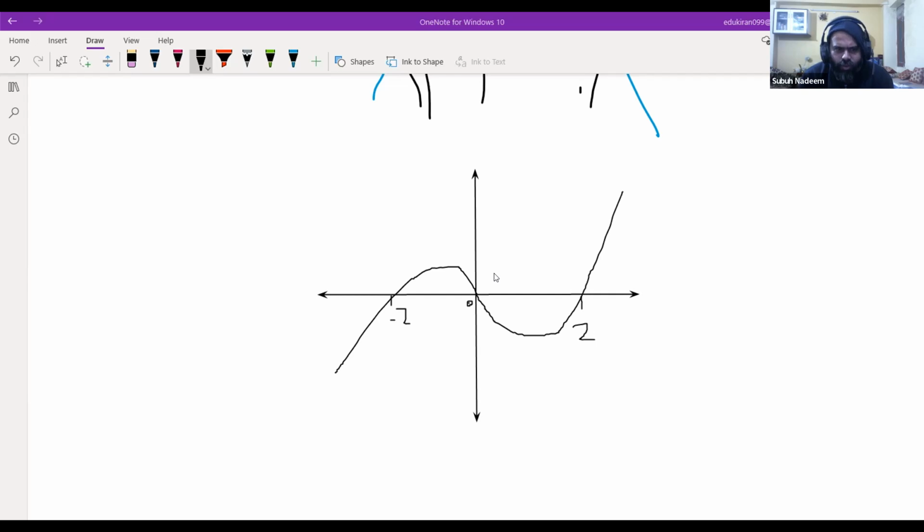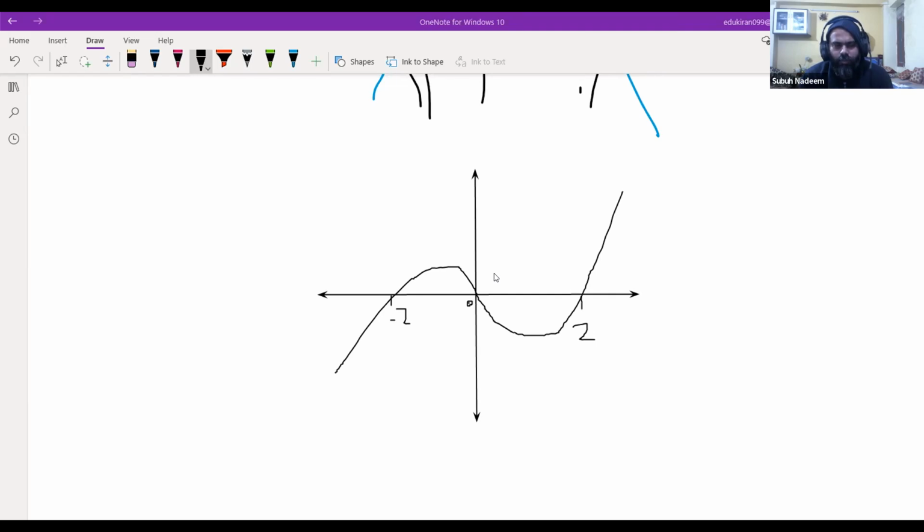So the y-axis is also an asymptote. A line passing through -2 parallel to the y-axis, the y-axis, and a line passing through 2 parallel to the y-axis. These three lines are the asymptotes. Wherever you see the denominator 0, the reciprocal function has an asymptote.